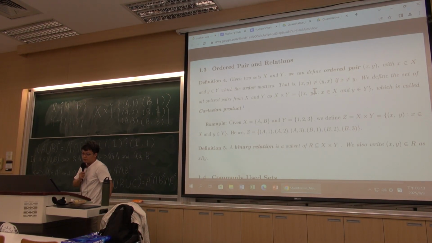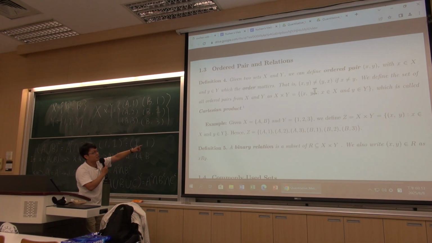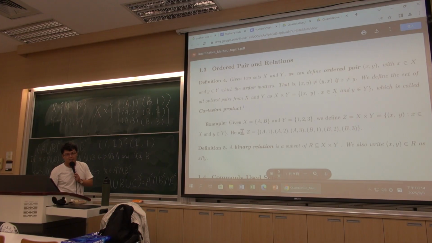Right? And this is the way we define the ordered pairs from two sets, for which we use this symbol. This is called the Cartesian product. So you just list all the possible combinations here.